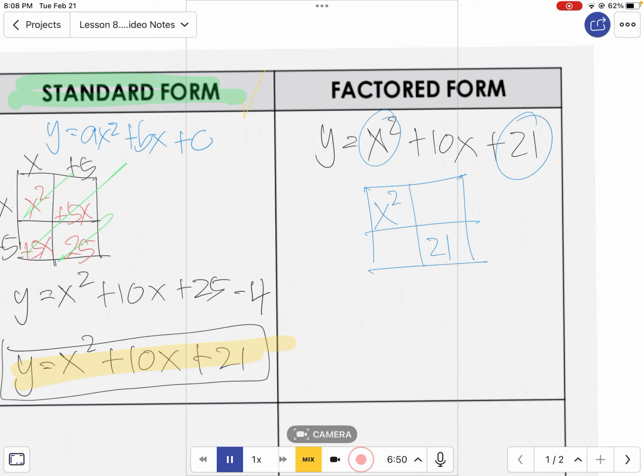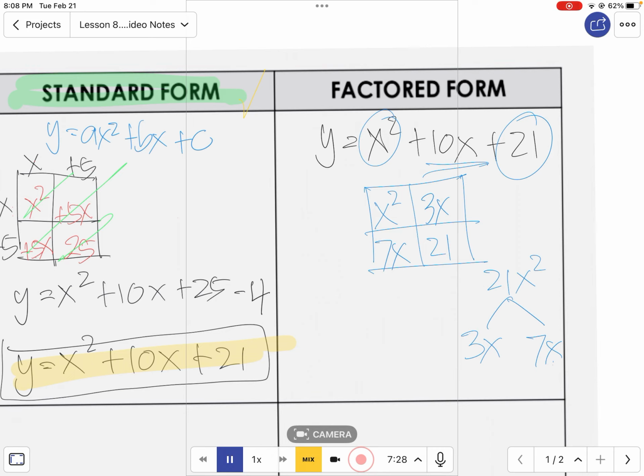We multiply 21 times x squared, which is 21x squared. We're going to look for two numbers that multiply to 21x squared but add to 10x, and that is 3x and 7x. 3x times 7x is 21x squared. 3x plus 7x is 10x. I'm going to put 3x on the top and 7x on the bottom, and it doesn't matter where you put those. Actually, we can switch the position.